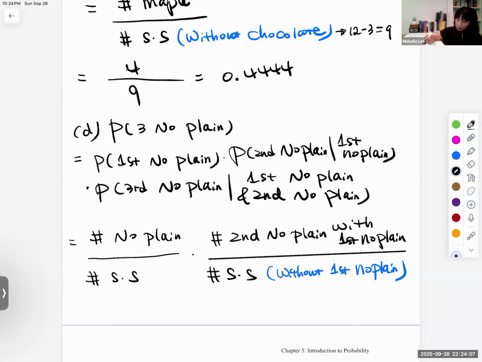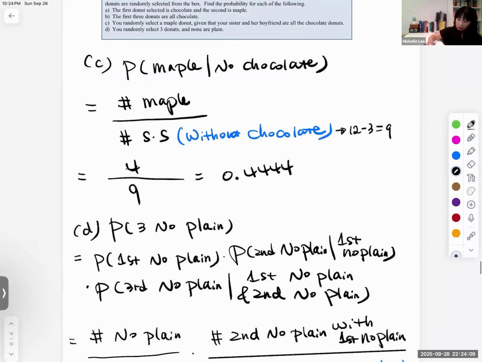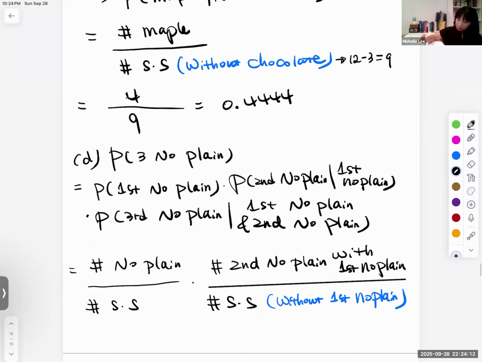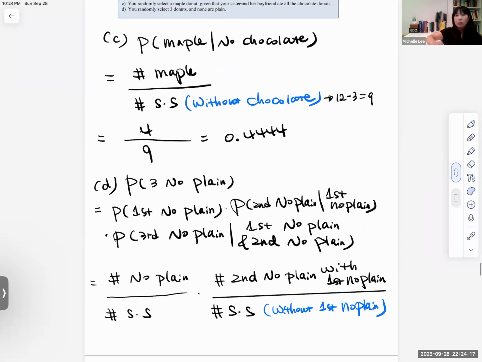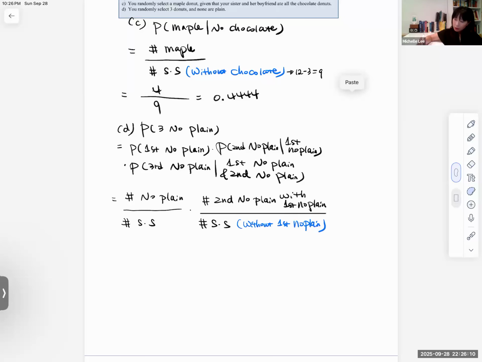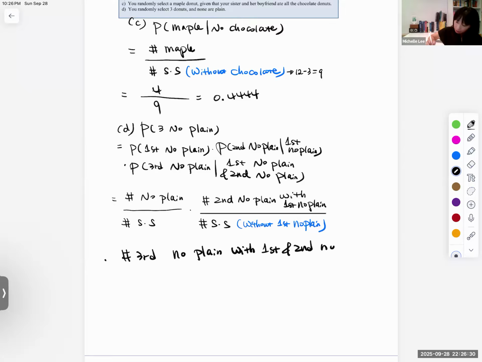Why no space? Make it smaller. Sorry, I cannot make it straight. All right, so times the number of a third no plain, with first and second no plain, right?